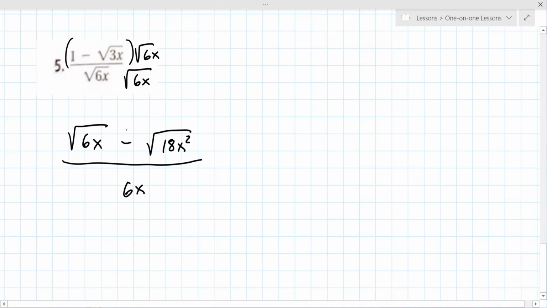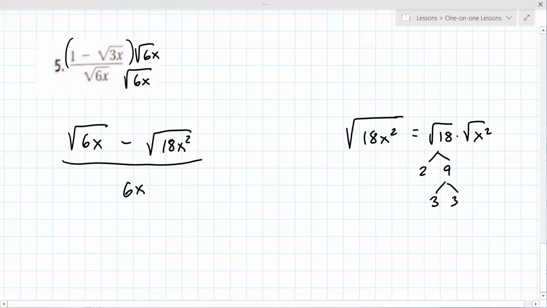Square root of 6x, there's nothing to do there, but the square root of 18x squared, that's really the square root of 18 times the square root of x squared. 18 is 2 times 9, 3 times 3. So that becomes 3 square root 2, because there's a pair there. X squared, square root of x squared, becomes x. It actually becomes the absolute value of x. I don't know how specific your instructor wants you to be, but that x goes on the outside.